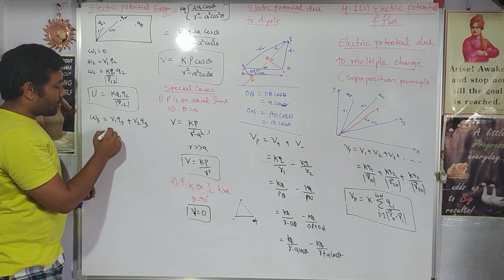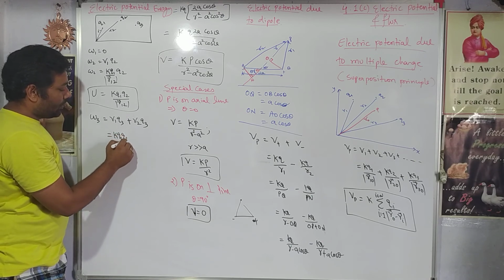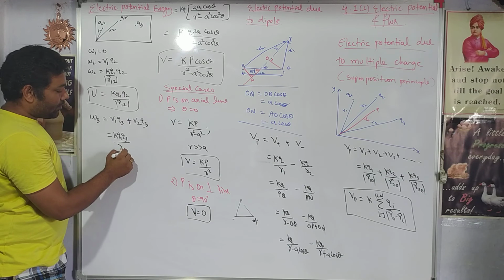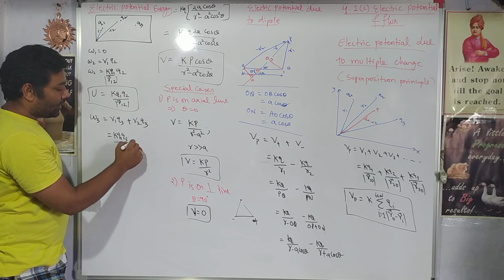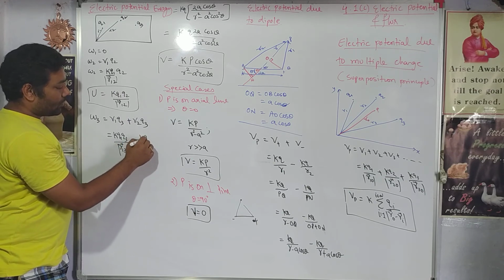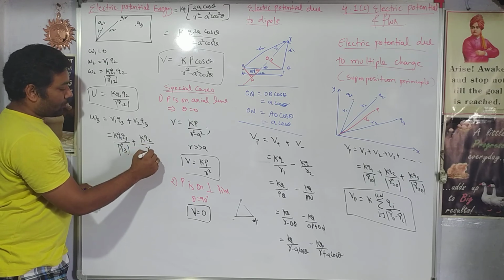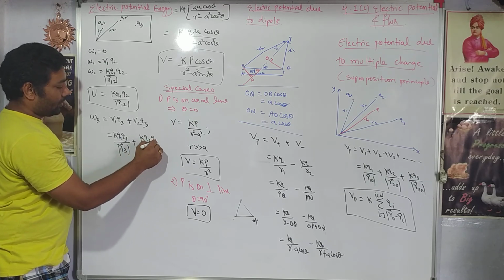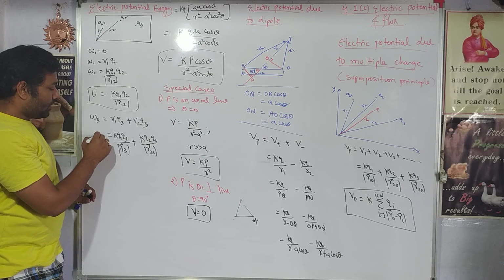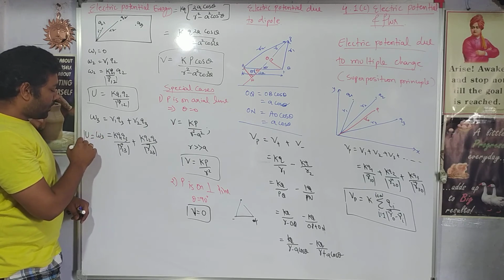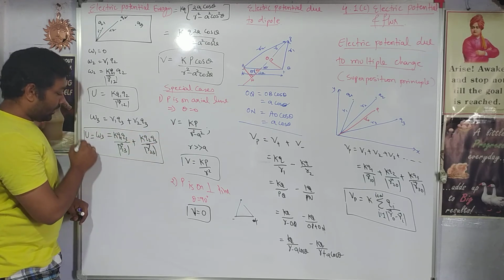Let us evaluate. So this will be K Q1 Q3 by r13, the displacement from 1 to 3. Then K Q2 Q3 by r23, from 2 to 3. So this is the work done. This work done appears in the form of potential energy of the three charges.